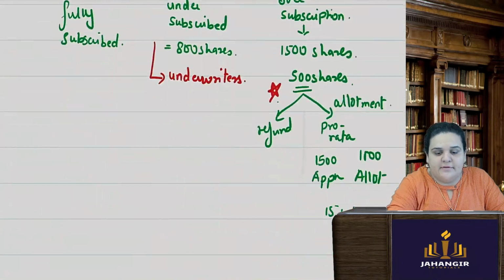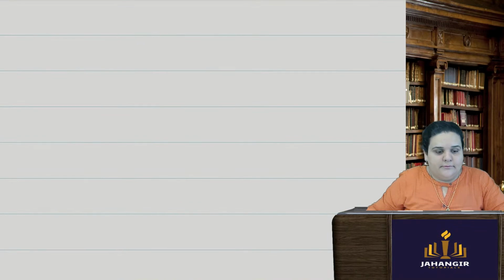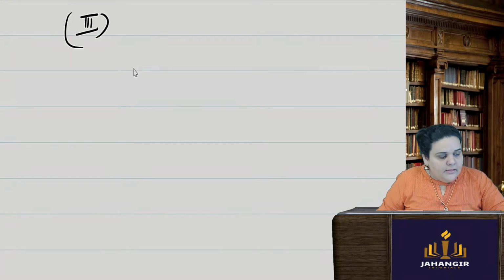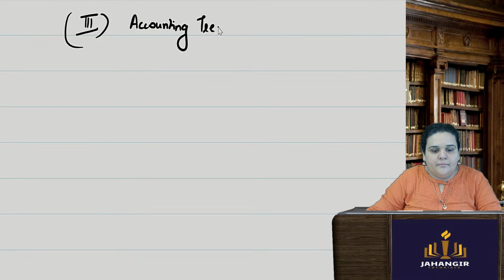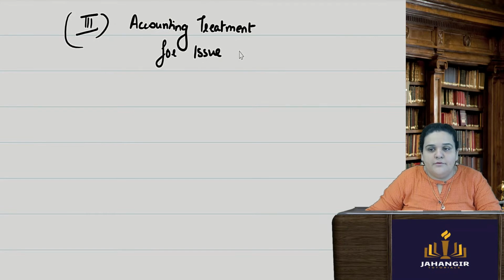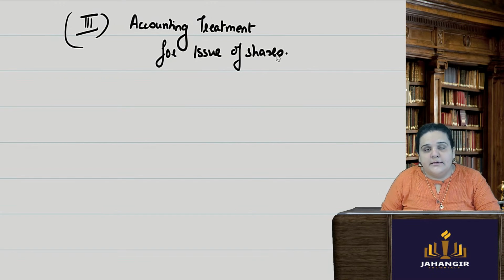First and second we have done. Now coming to the third part: understanding the accounting treatment for issue of shares. When it was proper writing on paper, obviously all the journal entries had to be passed. But now also I am going to teach you how the accounting treatment happens, because in the MCQs they might ask you a journal entry effect, debit credit effect.